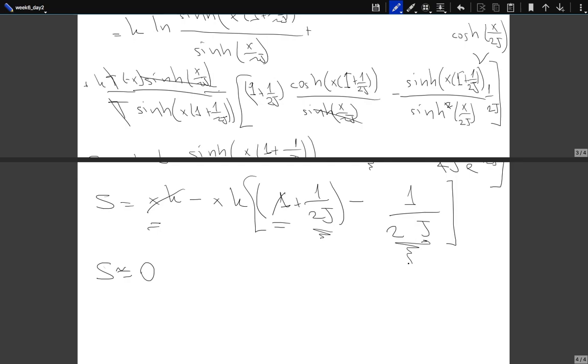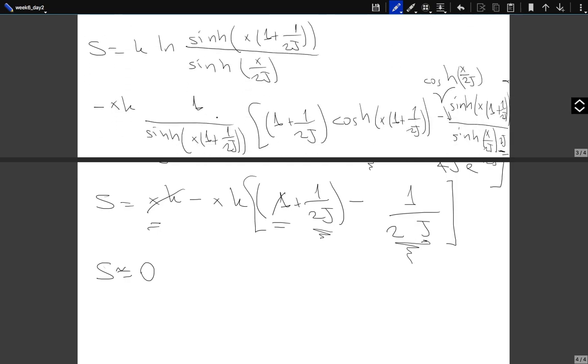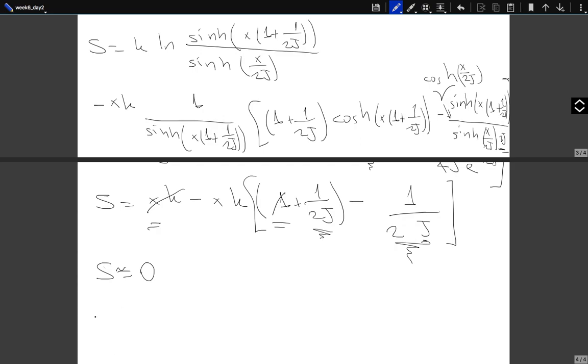Let's calculate the energy. What is the energy of this system? Any questions on this one, by the way? Well, you see, what we had obtained was S is equal to minus A over T. This is the first term. And the second term, well, let me write it in a slightly better way.